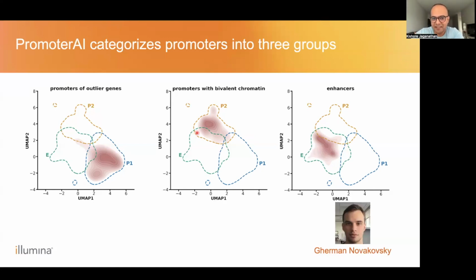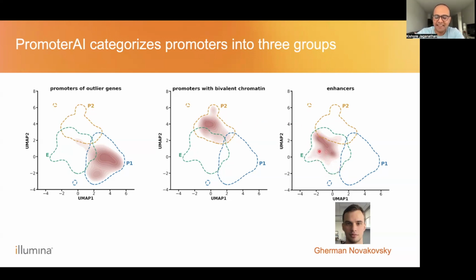So this is the cluster of promoters with bivalent chromatin. The third one was a little bit harder to pinpoint, but given that there was so much variation across tissues, we suspect there might be something going on with enhancers. So what we did was randomly take about 50,000 enhancer sequences from the genome, pass them through Promoter AI, and plot them on the same UMAP. We found that they almost always fell on the third cluster.